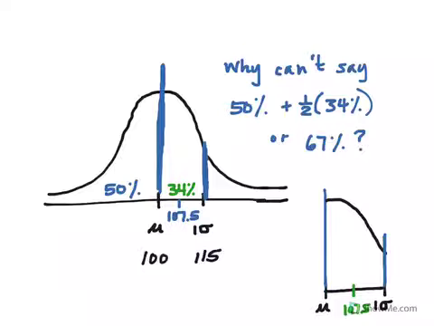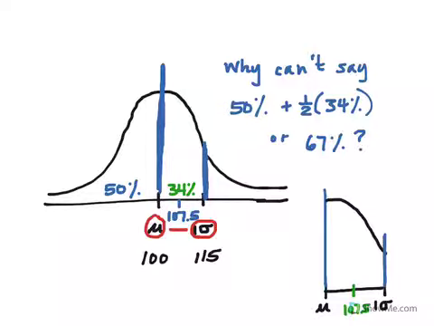I want to say, well, I know that everything to the left of the mu represents 50% of the data. I also know that between the mu and one standard deviation, that's 34% of the data. And I know that from my empirical rule that says between one standard deviation below and one standard deviation above is 68% of the data. So half of that would be 34.